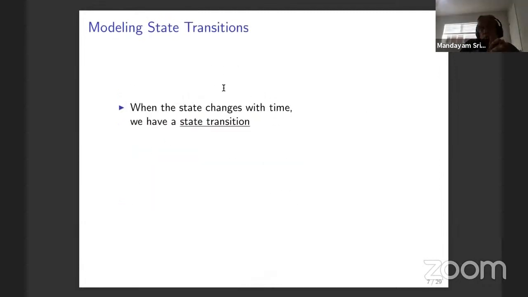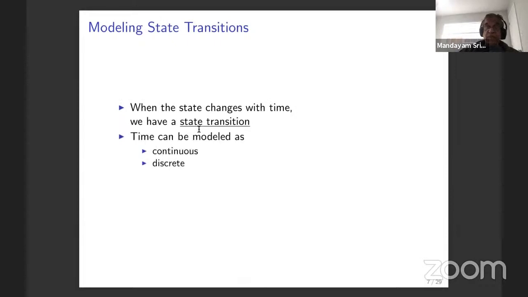In any case, the state of the system changes with time. In some cases you can model it in real time, or you can abstract it and associate it with a transition of the state of the system. Time can be continuous or discrete, and we will focus on discrete time transitions.